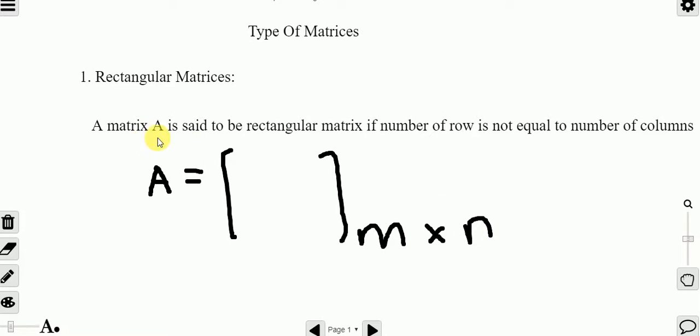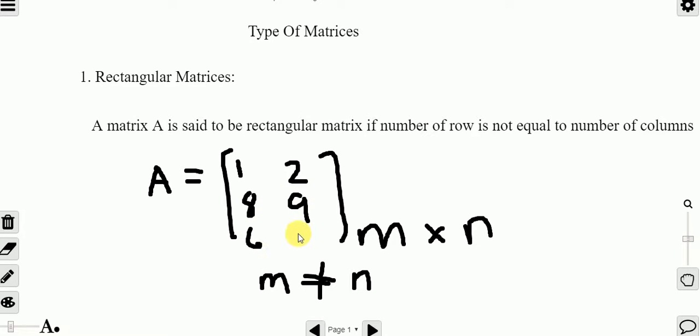So a matrix A is said to be a rectangular matrix if the number of rows, which means m, is not equal to the number of columns, which is n. For example, 1, 2, 8, 9, 6, 4.